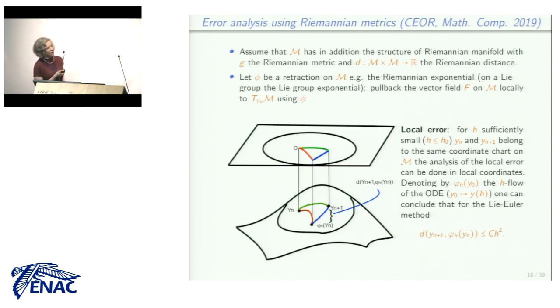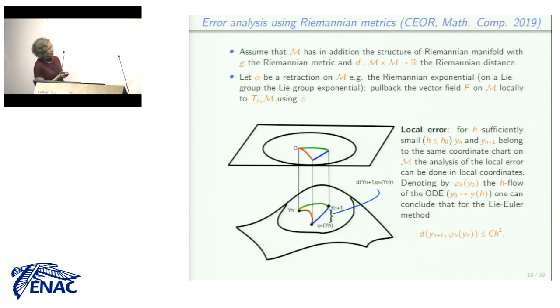You can think of your method as integrating your problem locally on the tangent space over one step. Then the order analysis is simply reduced to local order analysis at this stage. So you can apply the classical theory in the tangent space, locally.